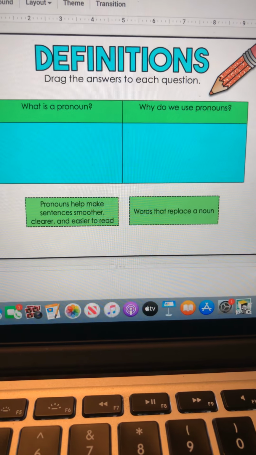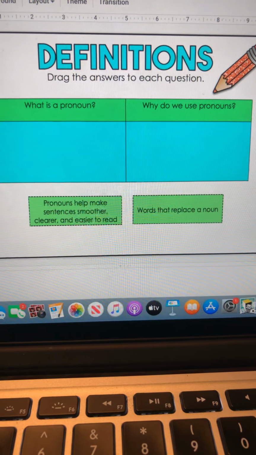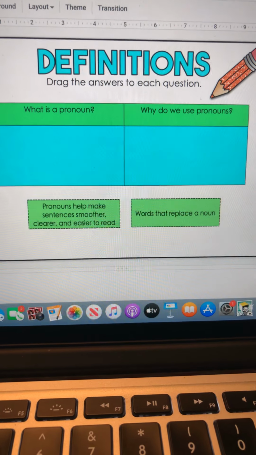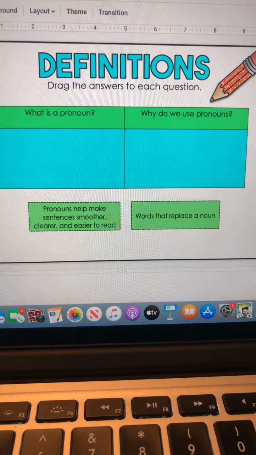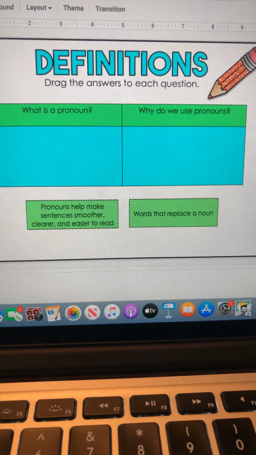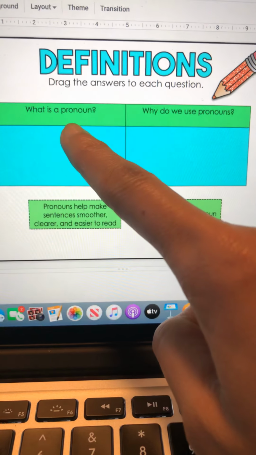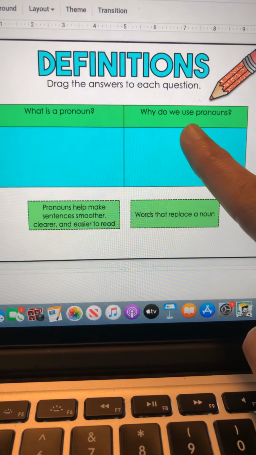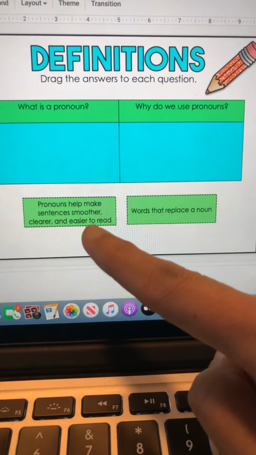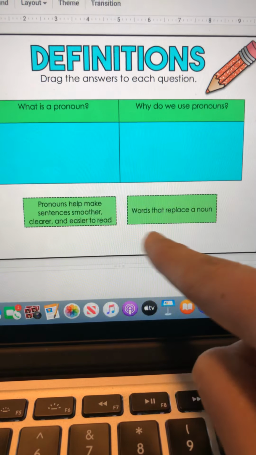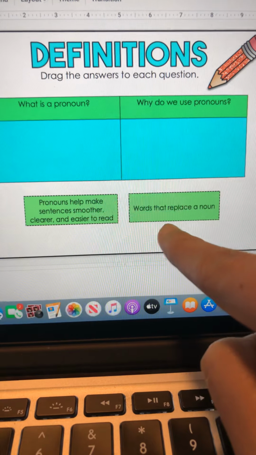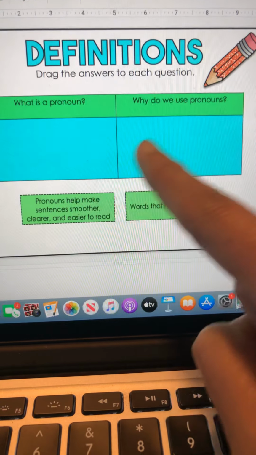All right, so this first slide here is definitions, and you have to drag the answers to each question. So we have two questions. What is a pronoun, and why do we use pronouns? Then you have two options. You have to decide which definition goes with each question.